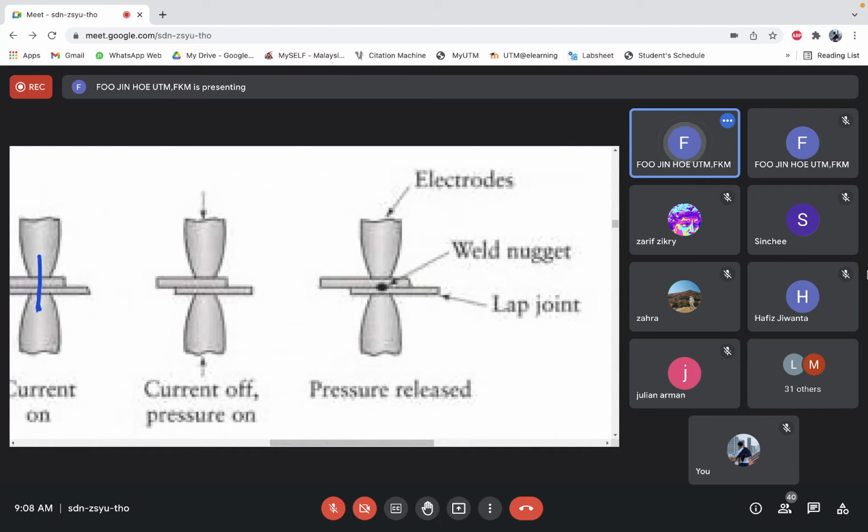Then they will form a certain weld nugget in between these two pieces of metal. Okay, let's see how it works.